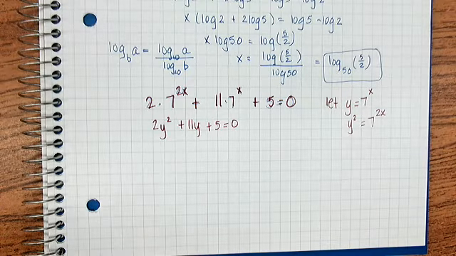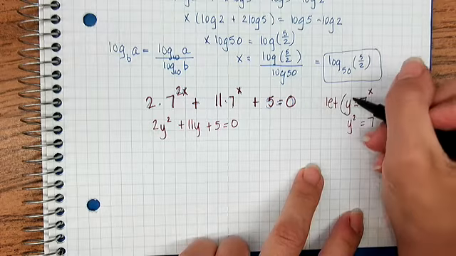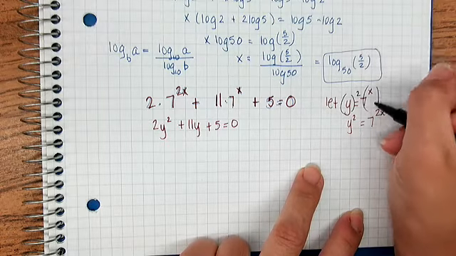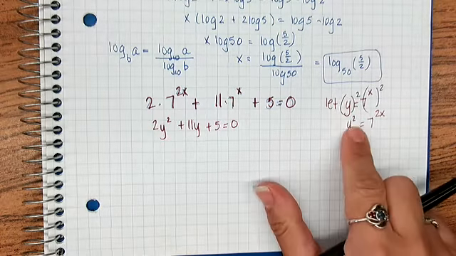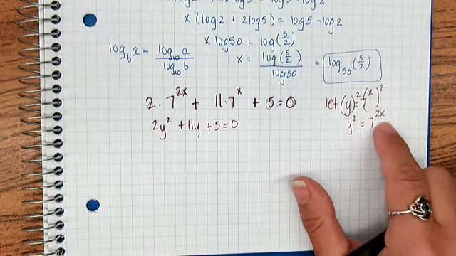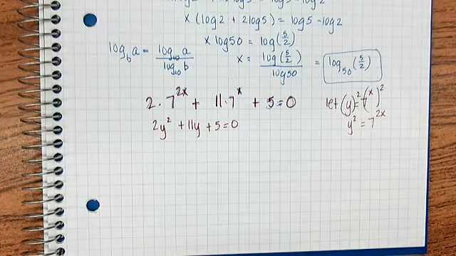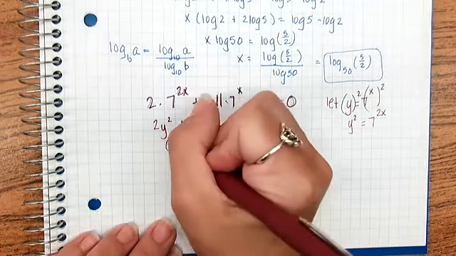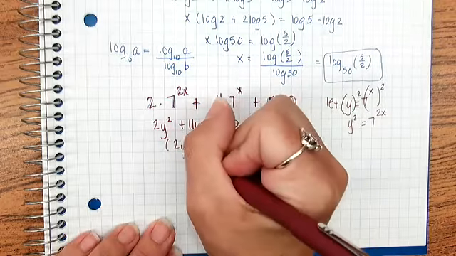If you square both sides, y squared, and then 7 to the x squared is 7 to the 2x. Multiply exponents. You do not square the base. Okay, well, this is a quadratic. Factor. Factoring life never goes away.